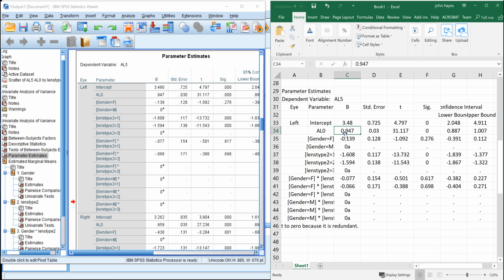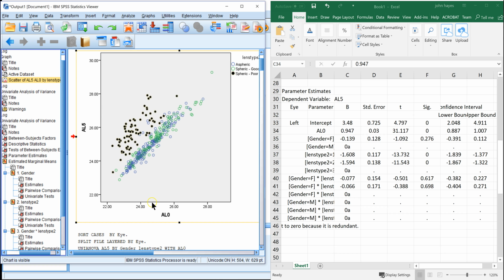And then we have the baseline measure, 9.947. And the thing about this one is that it's a coefficient, so bx, well, what's x? In the case of looking for the overall estimated means, we take the mean value of AL0. So actually, if we go back to our graph, we're looking for the general mean when we take the baseline value.